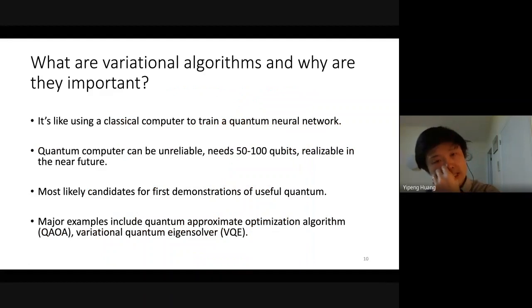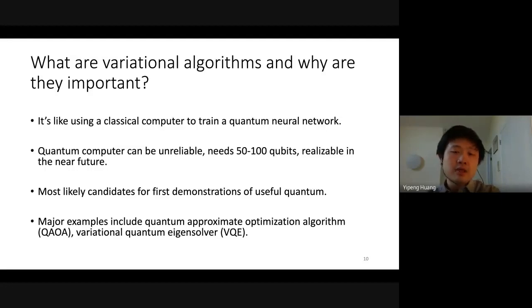The reason these types of algorithms are expected to be useful in the near term is that, because it's an optimization algorithm, we don't have to evaluate the optimization objective perfectly. And so we don't have to rely on techniques like error correction to evaluate that objective function.